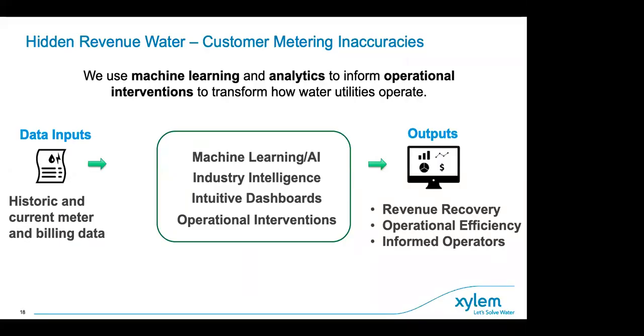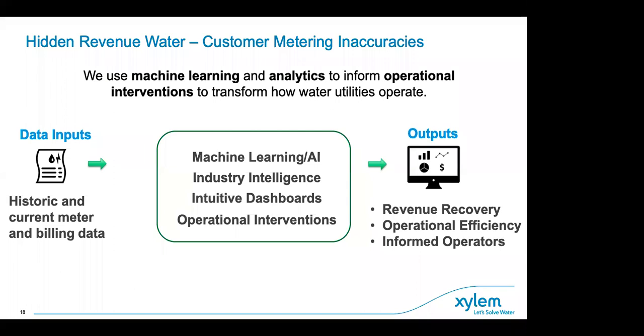Now, Hidden Revenue Locator looks for customer meter inaccuracies. So in a nutshell, we're using machine learning and analytics to inform operational interventions to transform how the water utility is operating and how it's managing its customer meters. So simply, we're taking real meter data, historic and current meter and billing data.